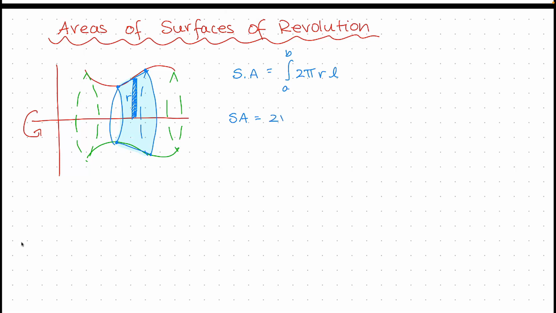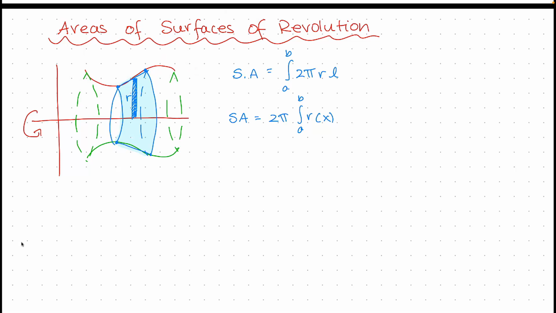Actually, I'm going to put the 2 pi out in front. So the radius is going to be measured from the function to the axis of revolution. So that's going to be a function itself. I'll just call it r of x. And then the slant height, when we turn it into the integral, is really the sum of all the slant heights. But the sum of all the slant heights is really like the arc length of this picture.